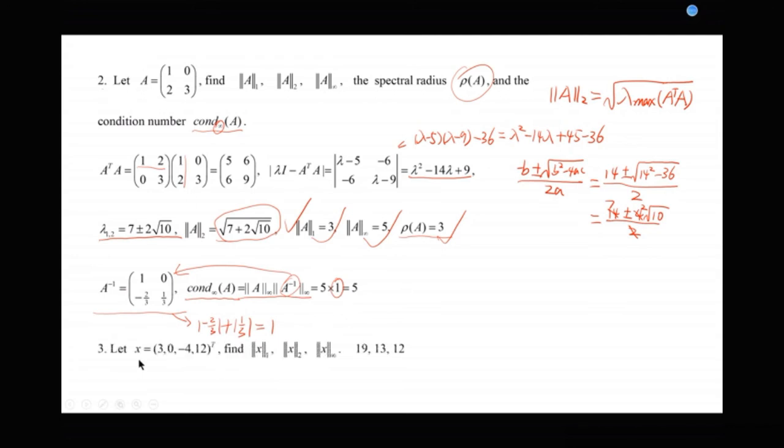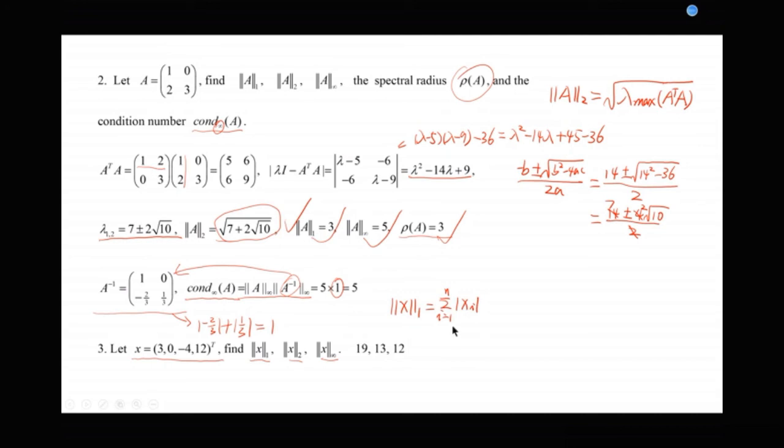Okay, the third one, we are given this vector, right? For this vector, we also need to find the 1 norm, 2 norm, and infinity norm. Okay, so you should remember for a vector, the 1 norm is the summation over i from 1 to n, for an n-dimensional vector, of the absolute value of xi.